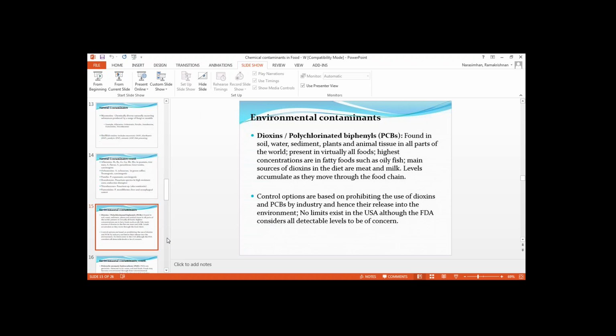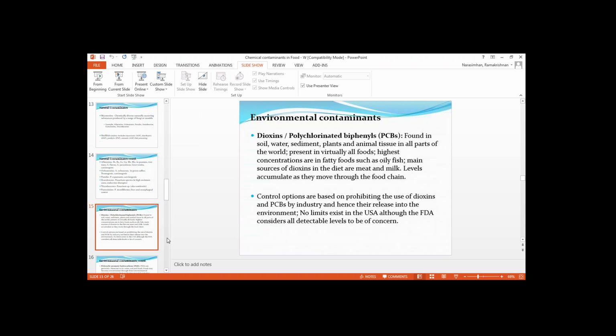They have been found in soil, water, sediment, plant tissues, animal tissues, you name it. Okay? And interestingly, they have long half-lives. So that means they're quite persistent in the environment, and they obviously have toxicological effects in humans.